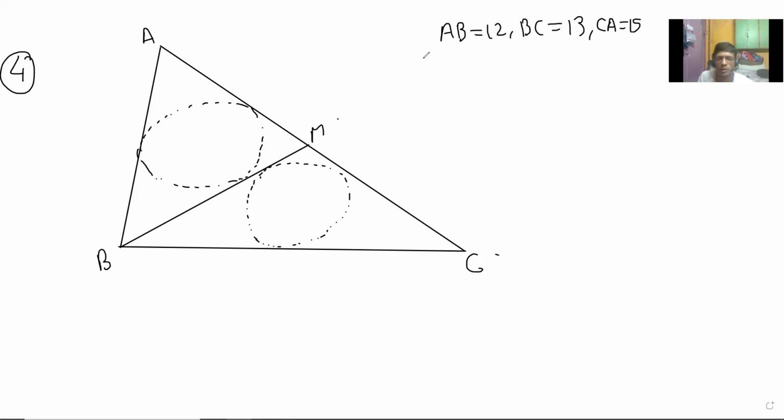So maybe this is your gamma 1 and this is your gamma 2. Okay, so if gamma 1 equals gamma 2, which means the radius is equal, find the ratio AM by CM.